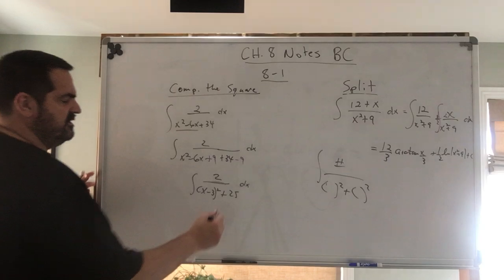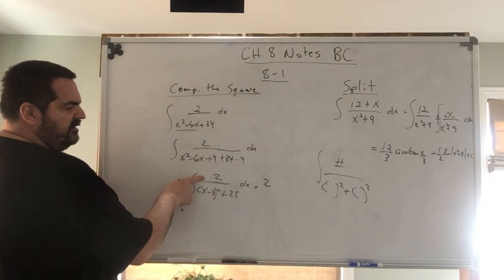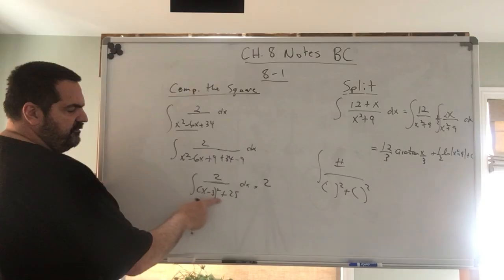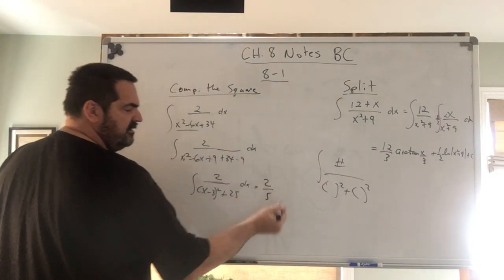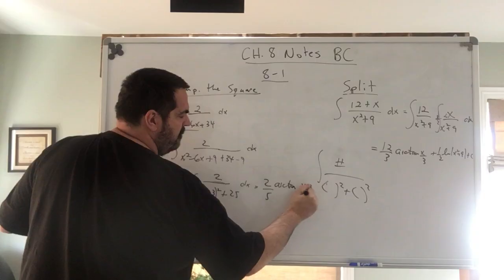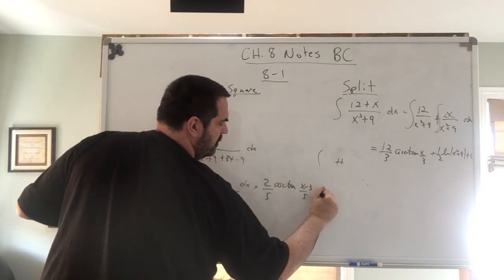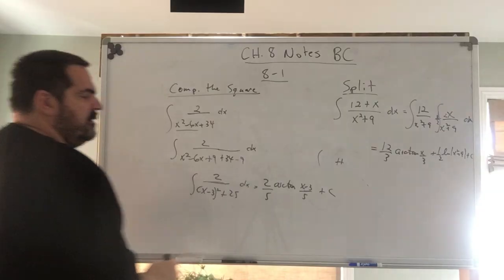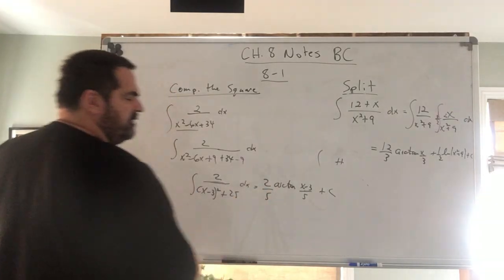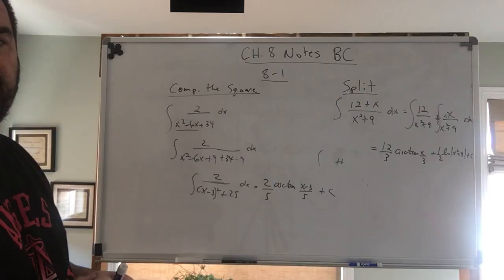So now it's arctangent. So we have a 2 for your multiplier here. You have your 1 over a. You have arctangent. So ugly arctangent there, but so 2/5 arctangent of x minus 3 over 5 plus c.